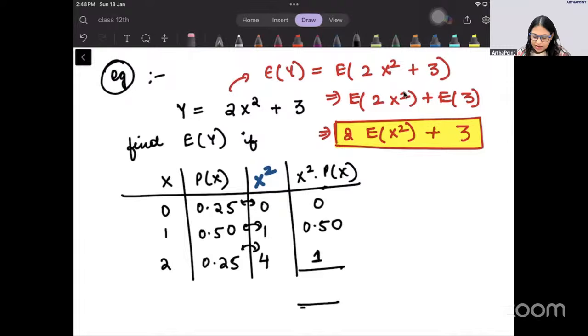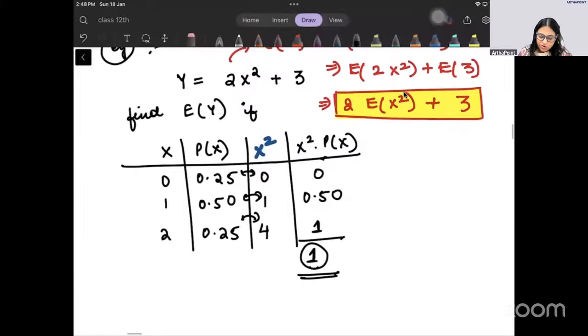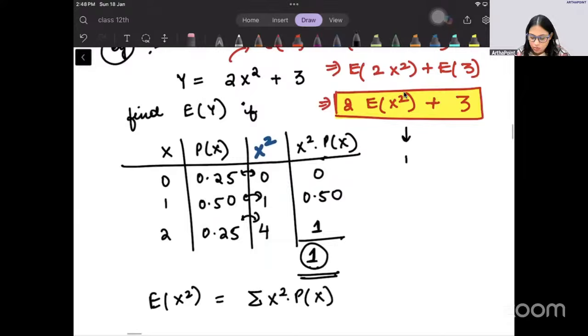So expectation of x square will be summation x square into px. So ये हो जाएगा 1.5. Right? And I can go ahead and multiply it with 2 and add 3.